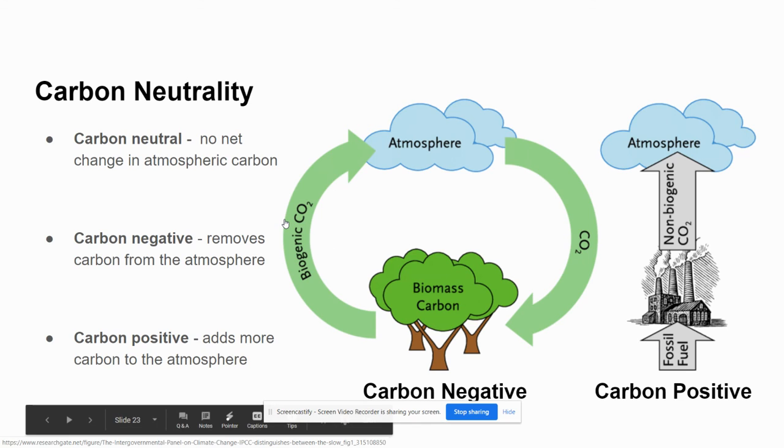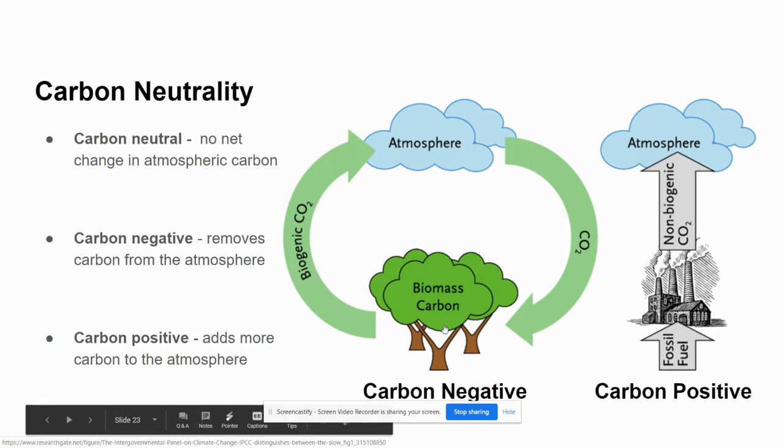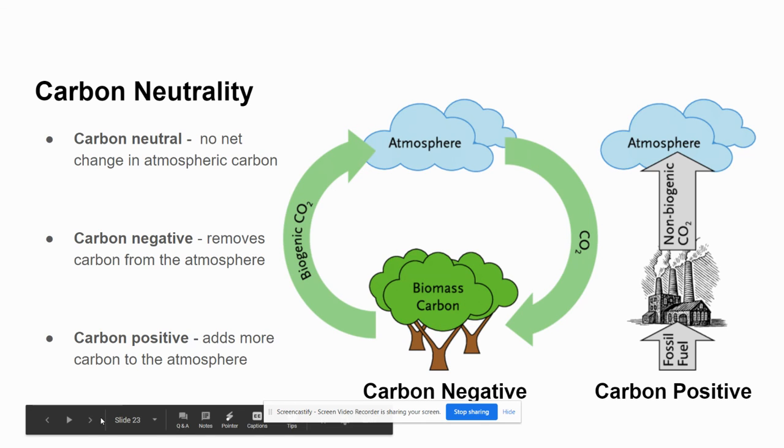But actually, what is happening, on the other hand, is we are digging up more fossil fuels, burning them, introducing more carbon to the atmosphere, doing deforestation, cutting the trees, and basically carbon negativity is getting lesser and lesser, impacting the climate change.